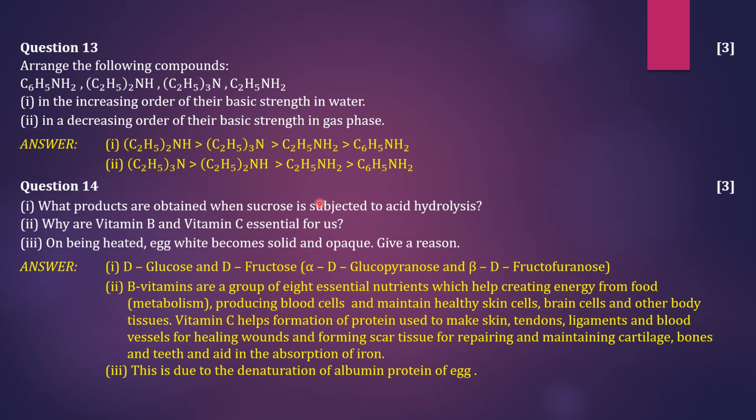Okay. Why are vitamin B and vitamin C essential for us? This is a totally informative, fact based question. You can find the answer in any book. Just write, I have given so many functions here. You write at least one proper function of vitamin B and one proper function of vitamin C. Other than this, the chemical name of vitamins and, most important, the deficiency syndrome.